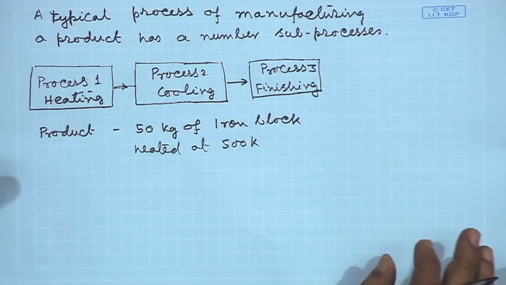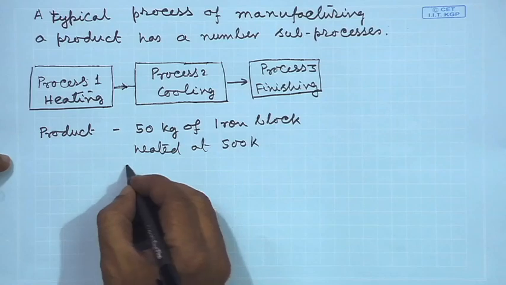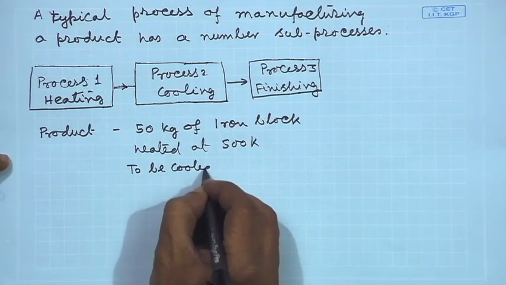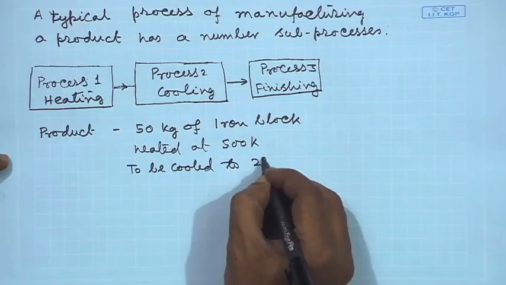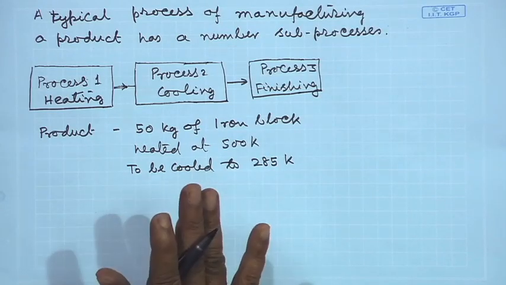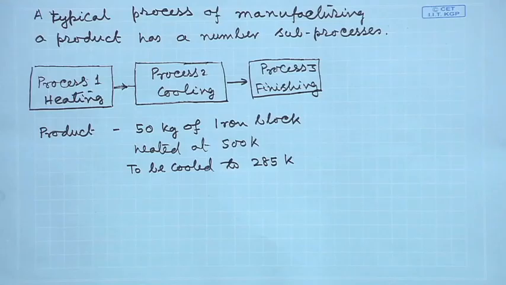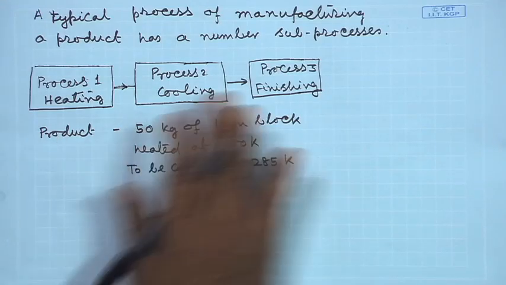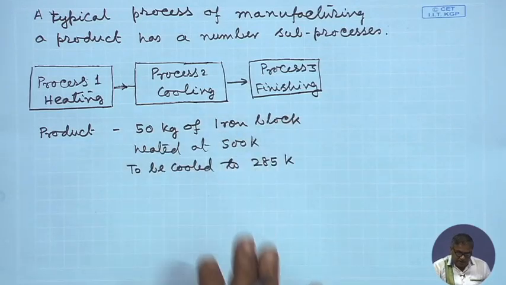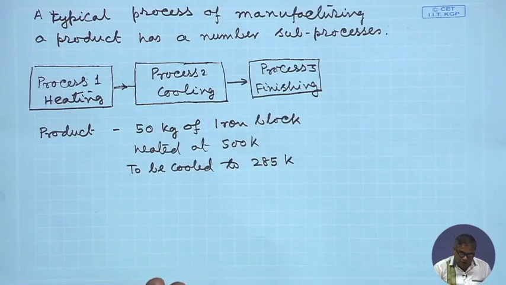And then it has to be cooled to 285 Kelvin. So, now our focus is on the cooling process. Just to explain the entire thing, how it may fit in industry, I have described all these things, but our focus is on the cooling process.